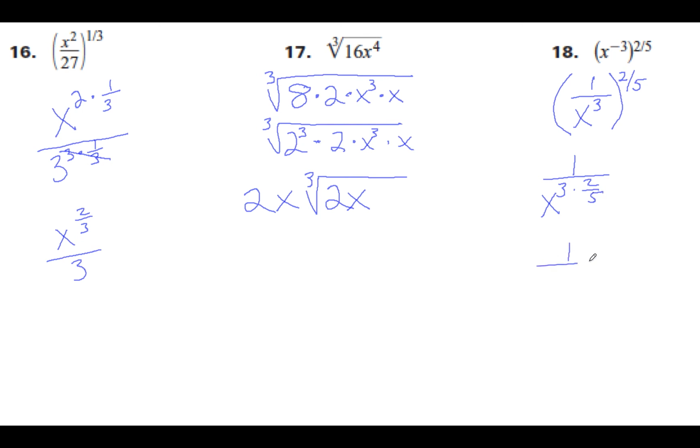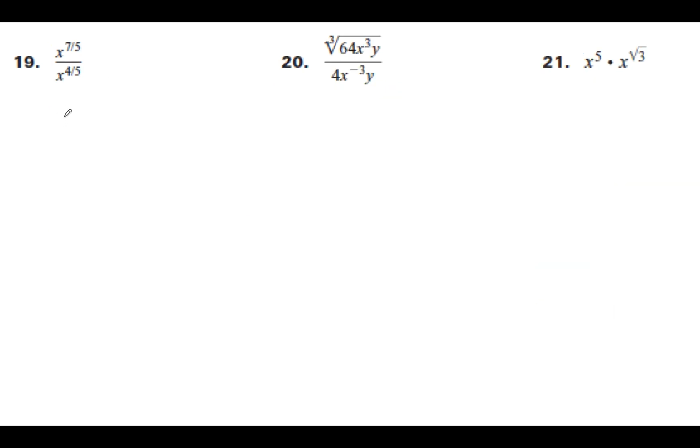So it's 1 over x to the 6/5 power. Okay, problem 19. We are going to take the powers and subtract the powers because the bases are the same. So final answer, x to the 3/5.